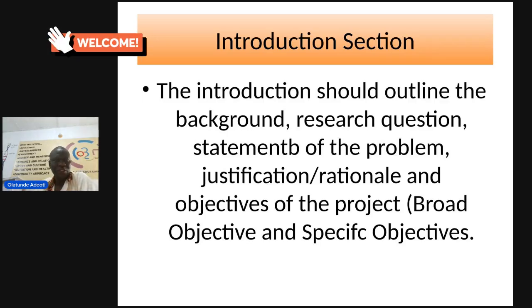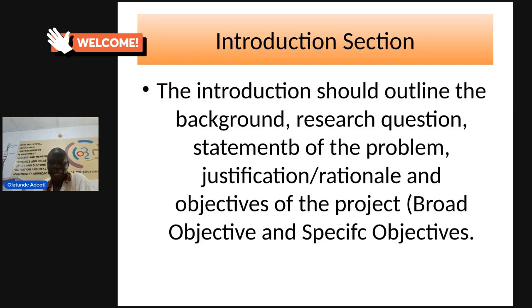Introduction section. The introduction section should outline the background, the research question, statement of the problem, justification or rationale. Justification is the same thing as rationale, and objective of your project.